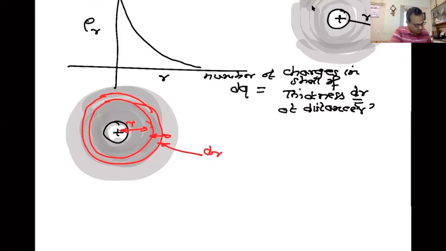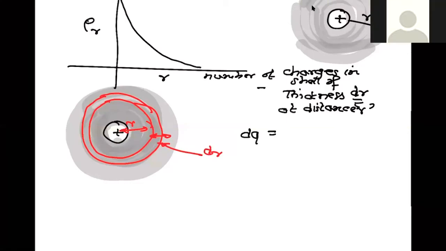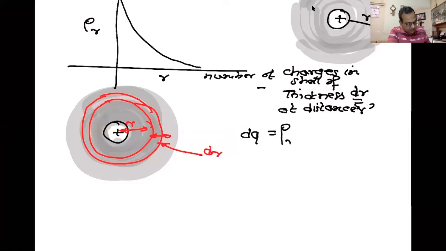Okay, so my dq is equal to obviously the charge density at distance r into the thickness of the shell, which is 4 pi r square dr.